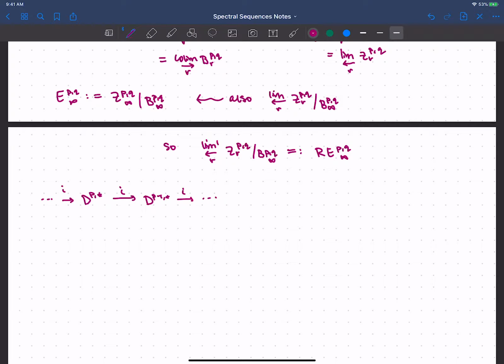And in our example right now that we're keeping in mind, that's the cohomology of the pth space and the p minus 1th space, right? Okay, and we can define D_{-infinity}^*. This is going to be the colimit of the diagram. We can also define D_infinity^*.